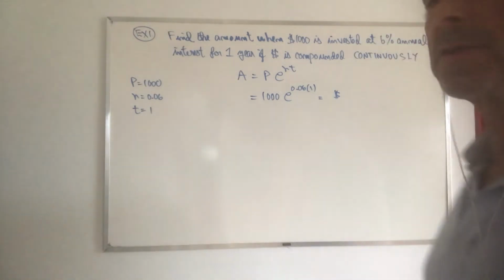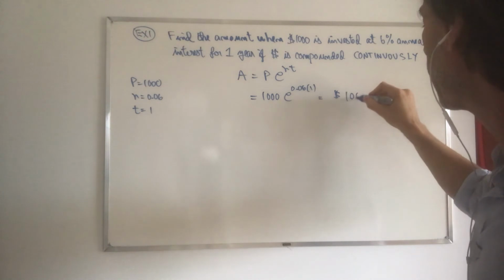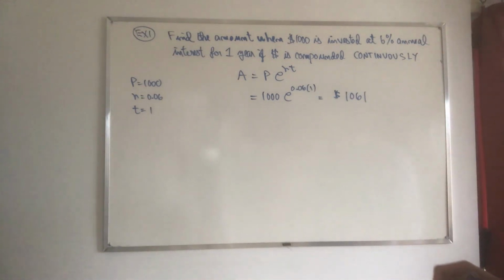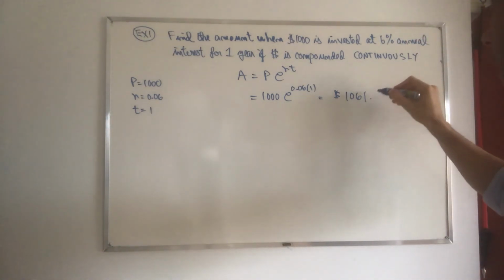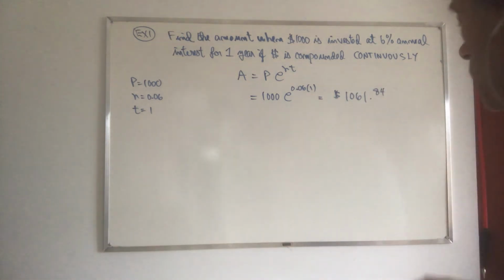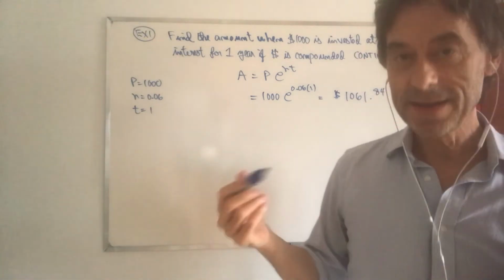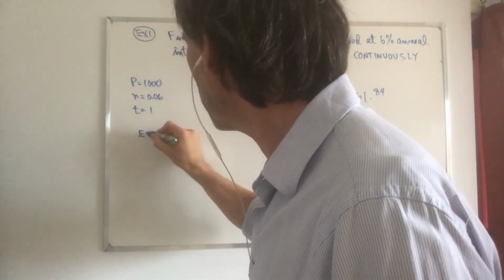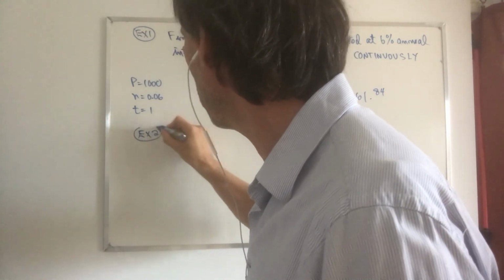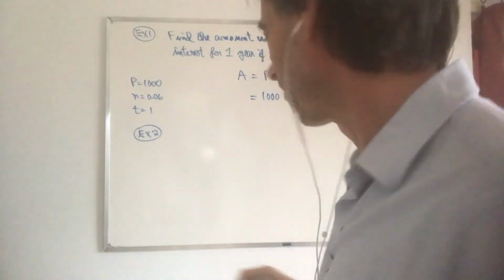Surprise! The answer to this is 1,061.84, which is, if I'm not mistaken, the same as the amount of money compounded daily that we calculated before. Ha! So that continuous thing doesn't really mean it's going to make you very much richer.